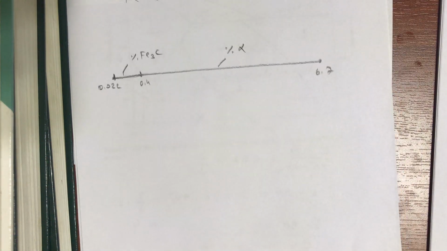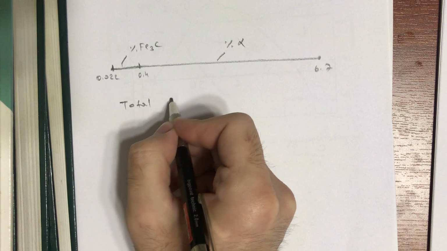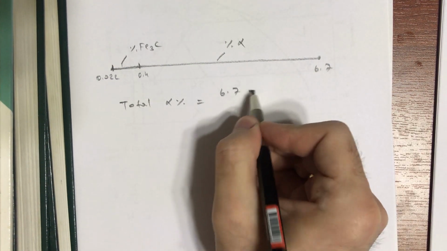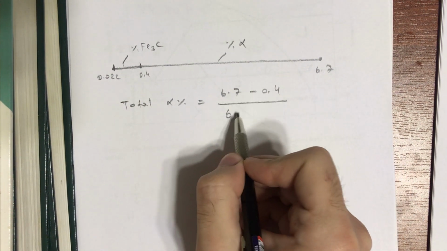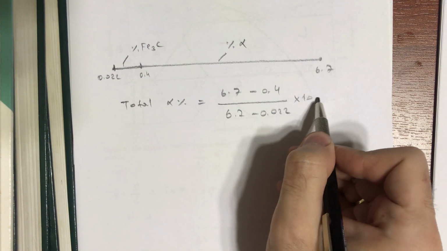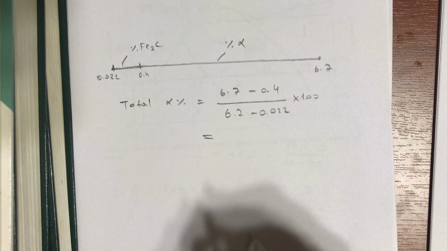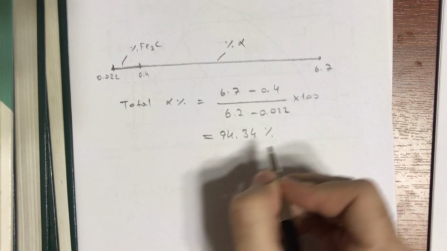Okay, let's start with total alpha. (6.7 minus 0.4) divided by (6.7 minus 0.022) times 100. That will give you a fraction of 94.34%.